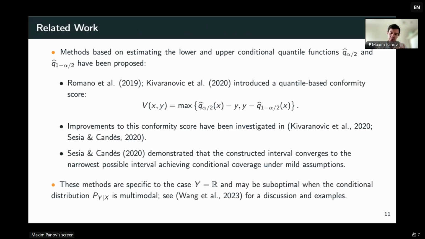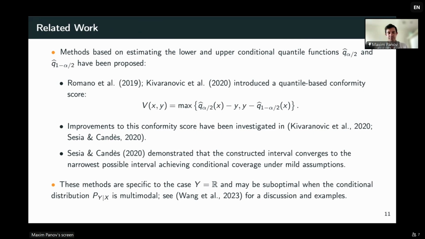A few words about conditional coverage. Probably the most famous methods which target a certain type of conditional coverage are methods based on quantile regression. Basically, you do a quantile regression for the desired level, and then you conformalize this method. In particular, you may consider the score which is written in the center of the slide. For this method, many nice guarantees can be given.